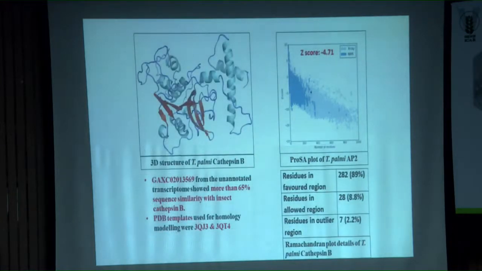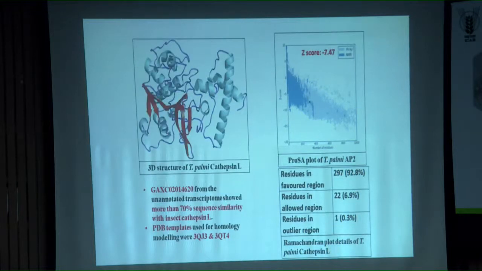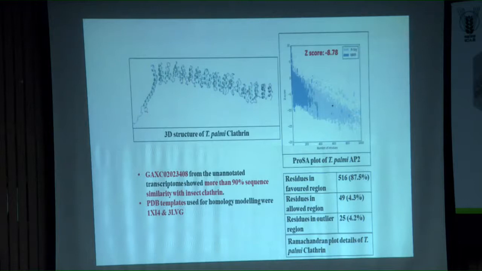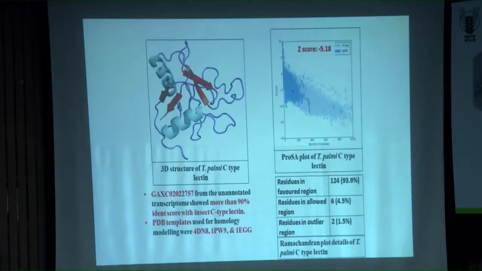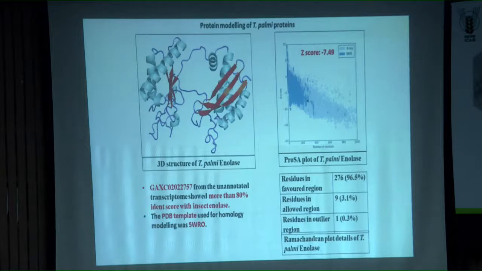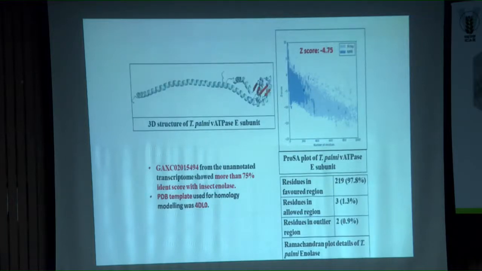Similarly, we generated different types of proteins of Thrips-Pami. This is cathepsin B, then cathepsin L, clathrin, then enolase, V-ATPase or vacuolar ATPase E subunit.